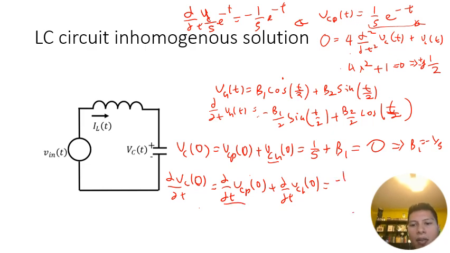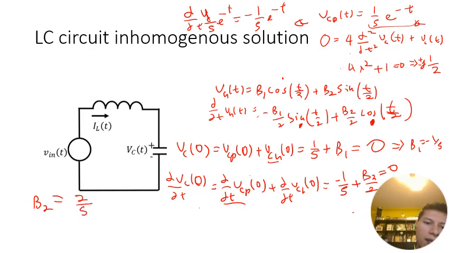So we're going to get negative 1 over 5, plus this term is 0 at time equals 0, and then this second term here is just B2 over 2. And that should all be equal to 0. So B2 is actually equal to 1/5 times 2, so 2 over 5.